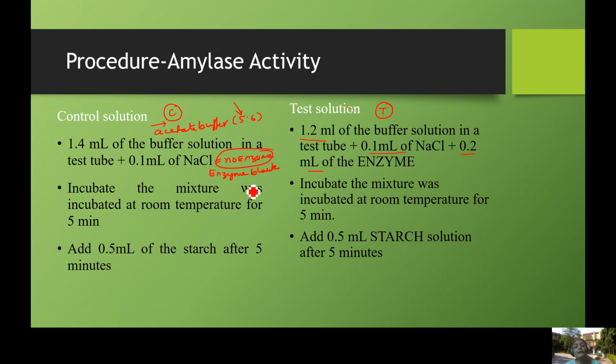Okay? You incubate the mixture for about 5 minutes, both control as well as test. After 5 minutes of incubation, you have to add 0.5 ml of starch to both control and test and shake.